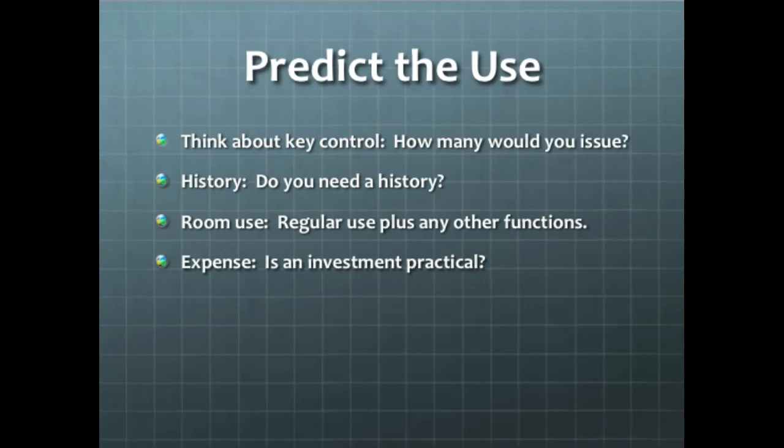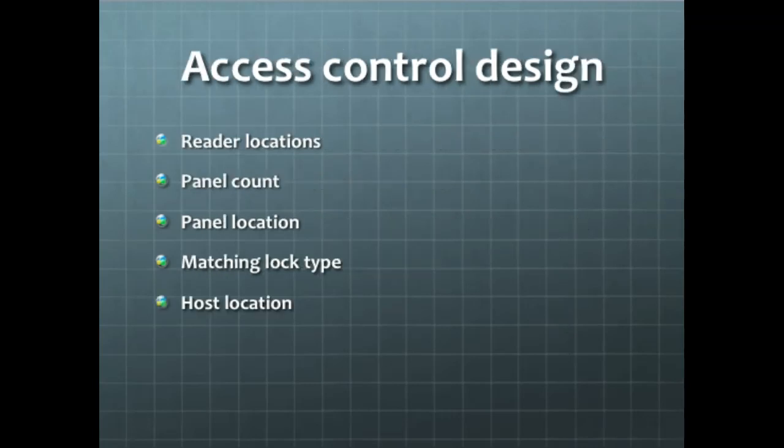But let's look at access control design and the cases where you would definitely use this. So when we're doing access control design, now we understand how these systems work, right? Because we studied that last week. We have to consider what the reader location is. Where are we going to put the card reader? First off, are we deciding to use one instead of a lock? But then where we put it on the door.